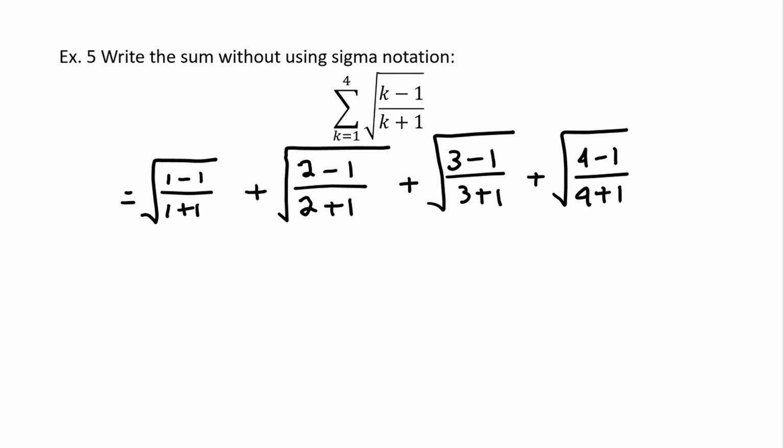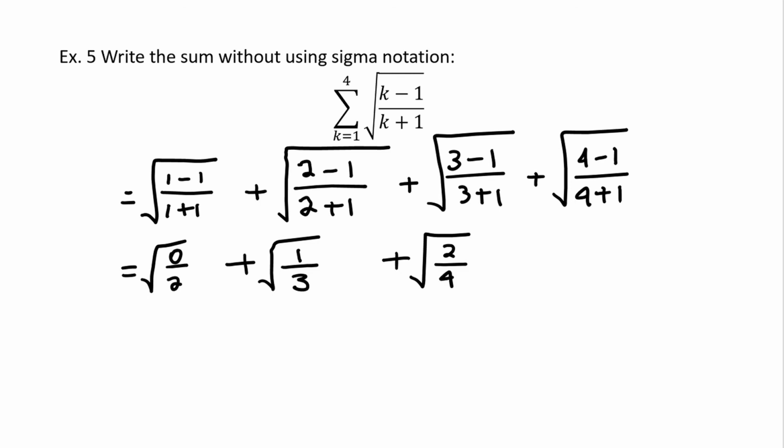Let's do the rudimentary arithmetic. So we'll have the square root of 0 over 2 plus the square root of 1 over 3 plus the square root of 2 over 4 plus the square root of 3 over 5.